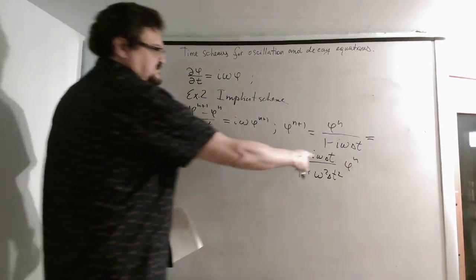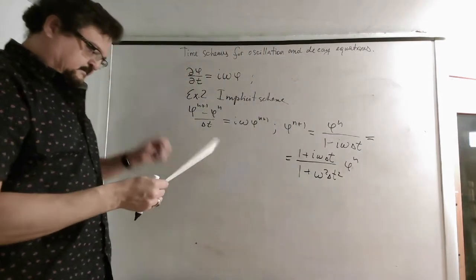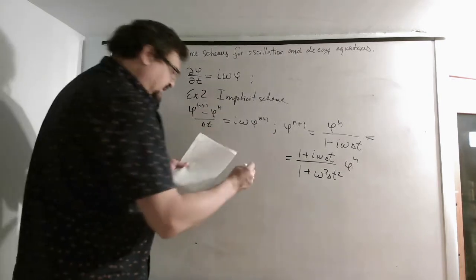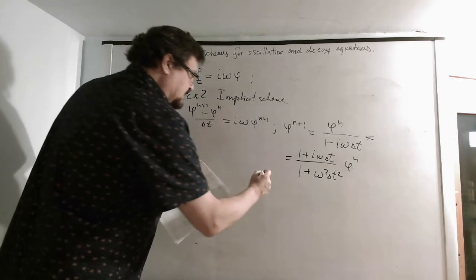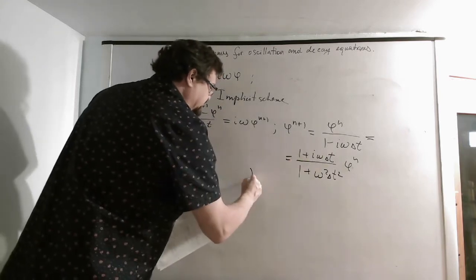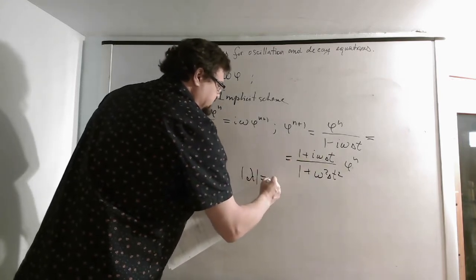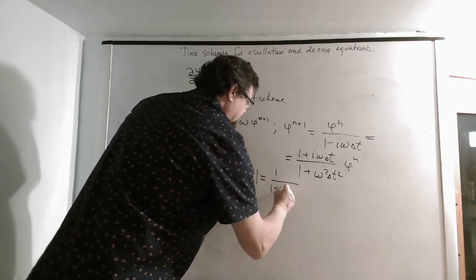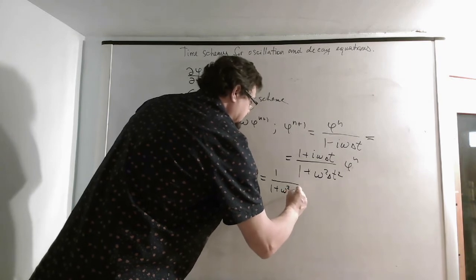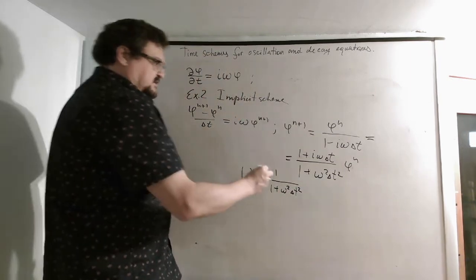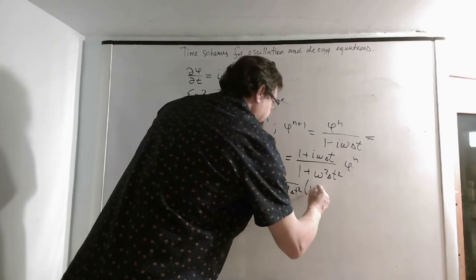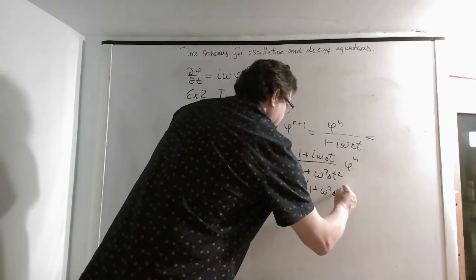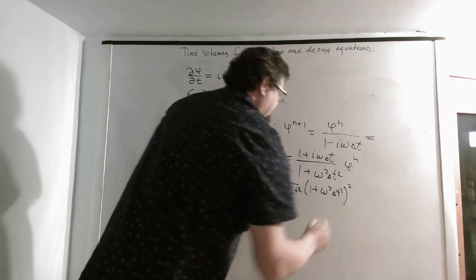So this is the amplification factor. The amplitude of this amplification factor equals 1 divided by 1 plus omega square delta t square, and here is 1 plus omega square delta t square, squared.